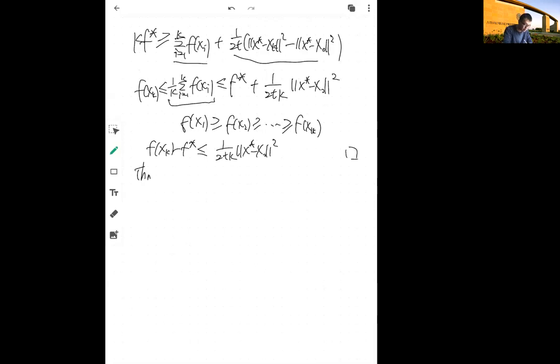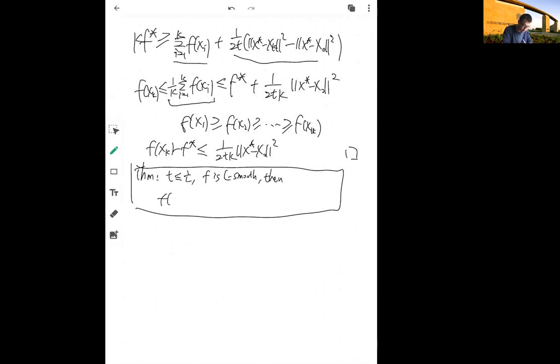And the theorem that we can write is that: choose t to be smaller than 1 over L, and f is L-smooth. Then... okay.